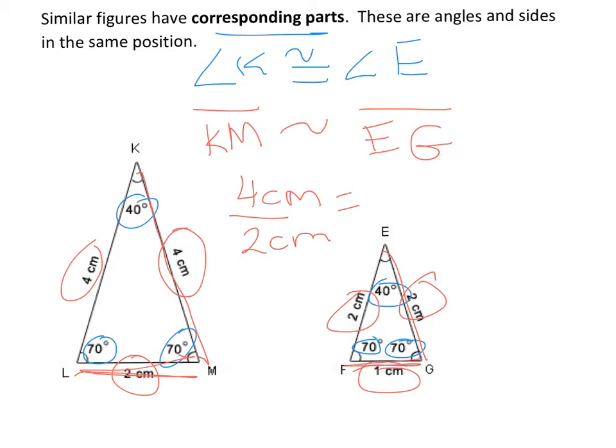So ML is 2 centimeters and GF is 1 centimeter. So what I just did is reduce my ratio to make sure that they are proportional. I could use cross product and go 4 times 1, which is 4, and 2 times 2 is 4. So since they are equal to each other, they are proportional, meaning they are similar corresponding parts.